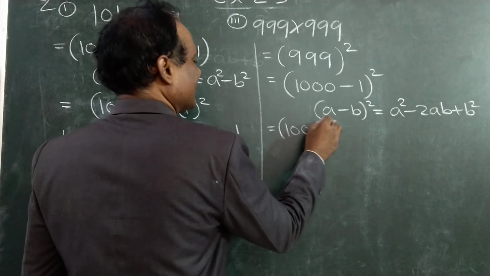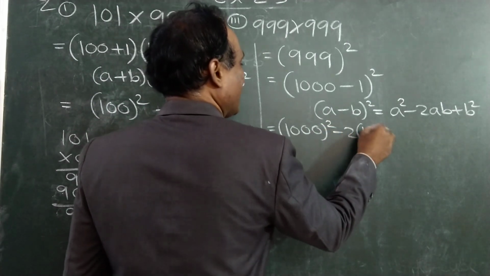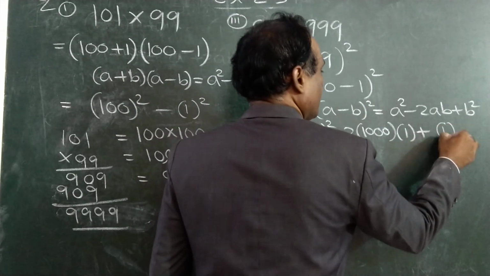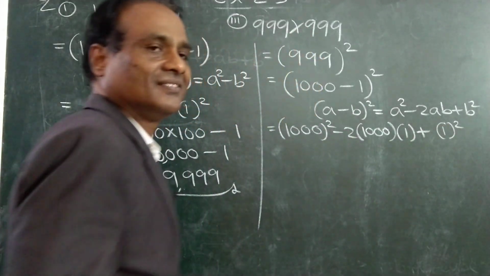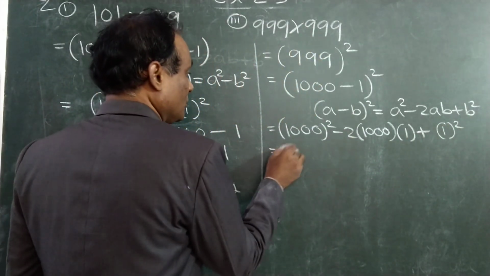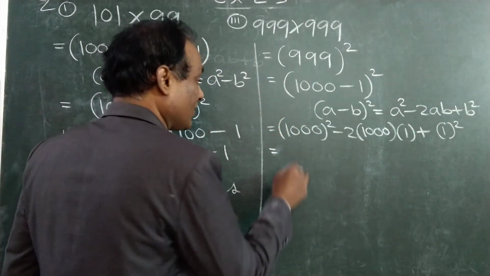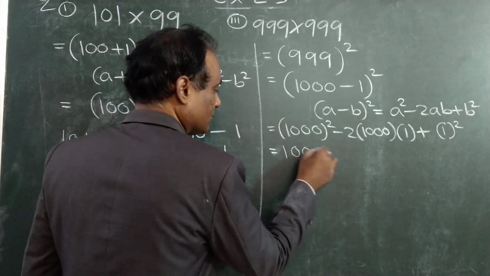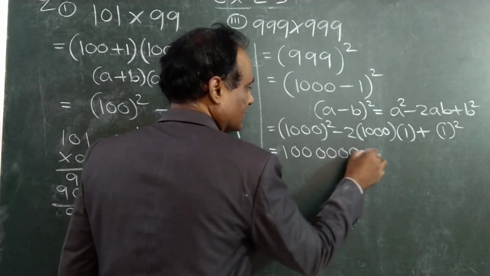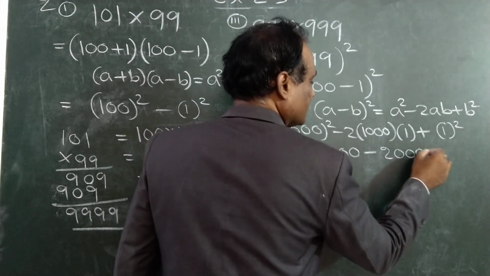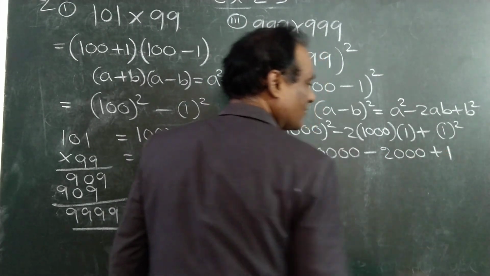a square, 2ab, b square. 1000 into 1000, 3 zeros, again 3 zeros, 6 zeros. 2 into 1000 into 1, 2000. 1 square is 1.